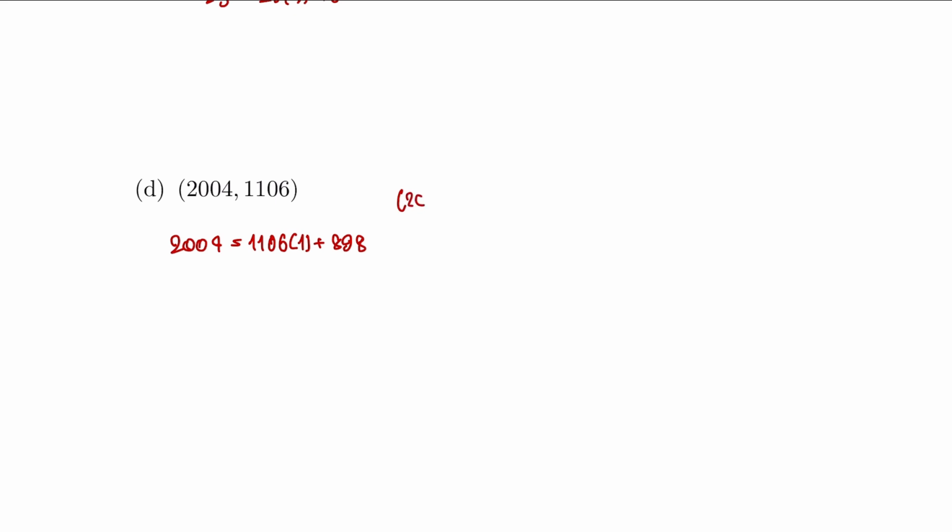So the greatest common divisor of 2004 and 1106 equals that of 898 and 1106. Now I have to divide 1106 by 898, so you have 898 times 1 plus 208.